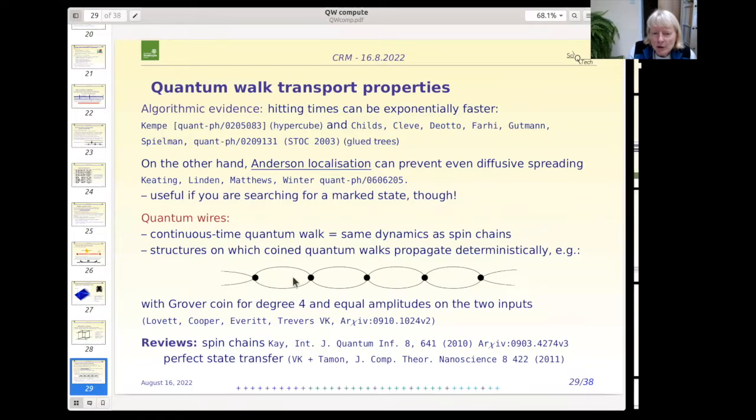And there's reviews; essentially it's the same as spin chain transport, and there is a big review article by Alastair Kay on this. And it then applies to the idea of perfect state transfer, and there's a nice review article that Tino Tamon and I put together again more than a decade ago now. And there has been work since then to expand and refine the results.